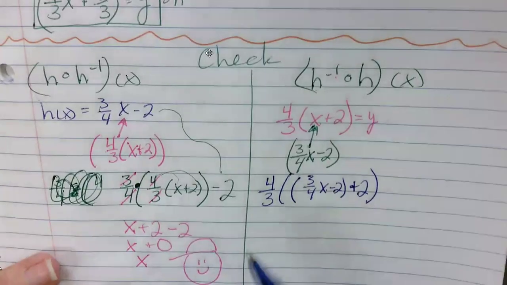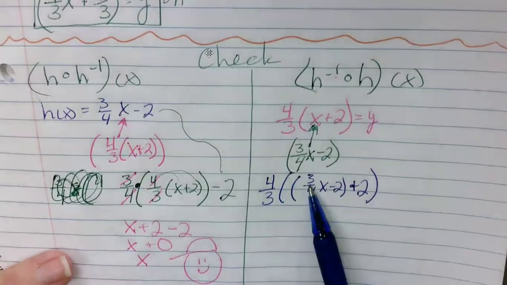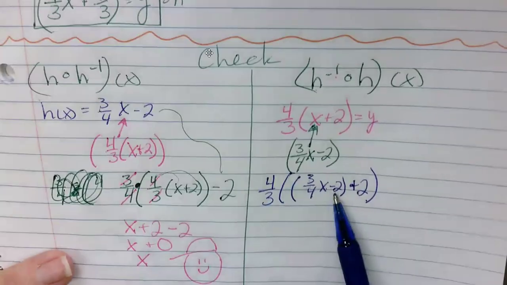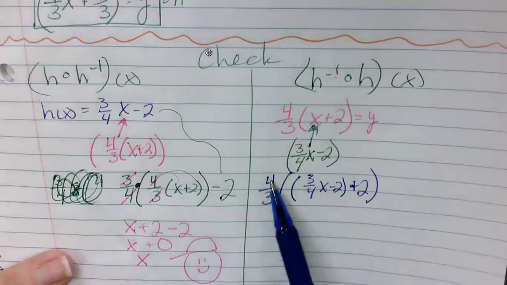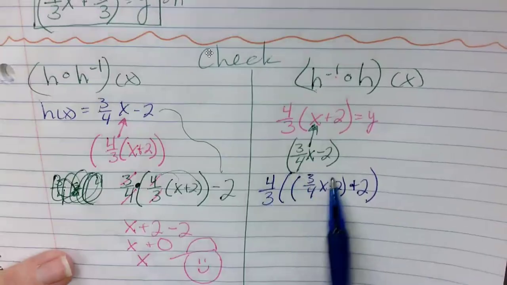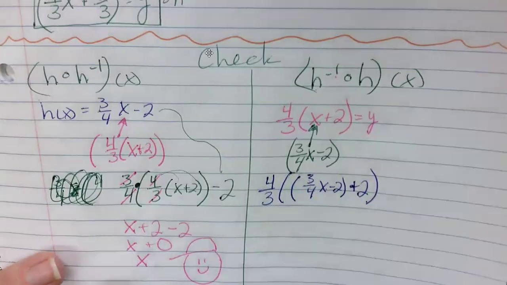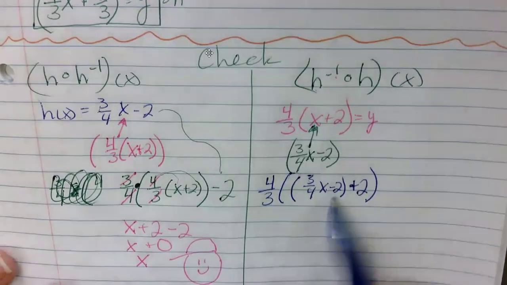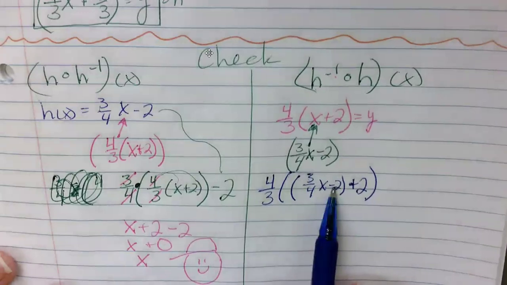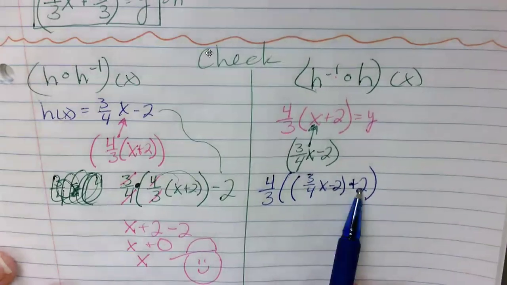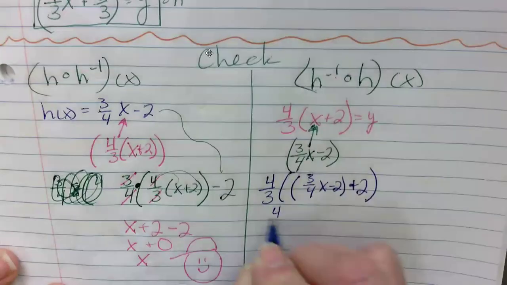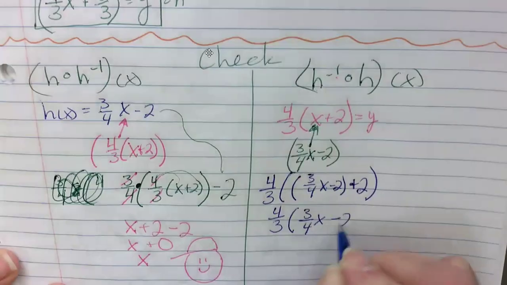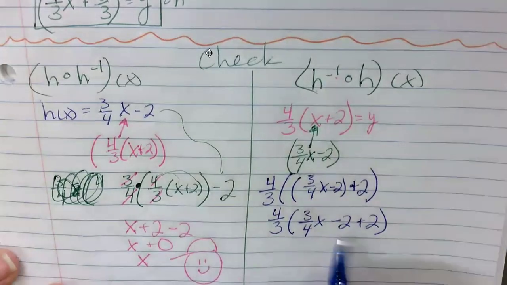So here, I cannot just cancel this out because it's inside the parentheses with the negative 2. So I would either have to multiply this times everything, all 3 terms in the parentheses, or I could just subtract first. So there's nothing I can combine here, but then I can combine those 2. So we're going to go 4 over 3 times 3 over 4x minus 2 plus 2. Minus 2 plus 2 is 0.